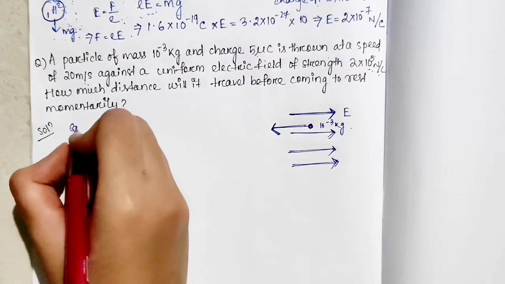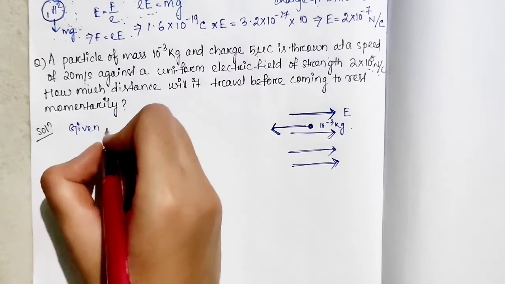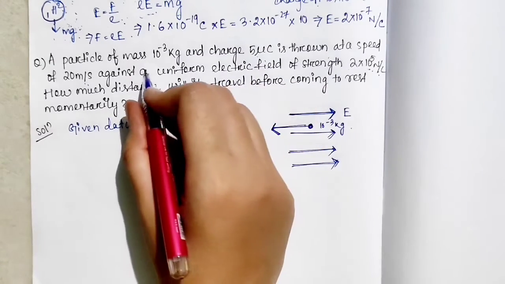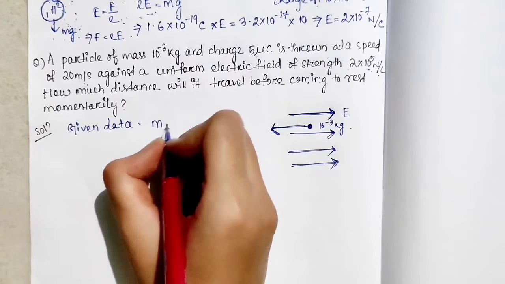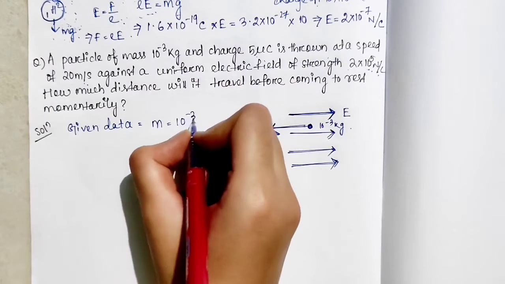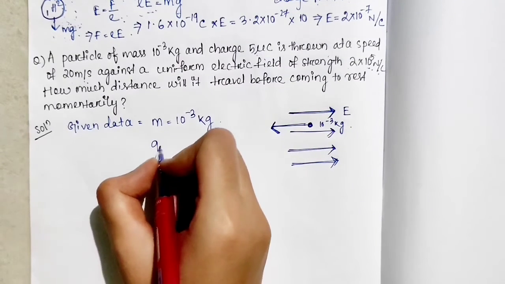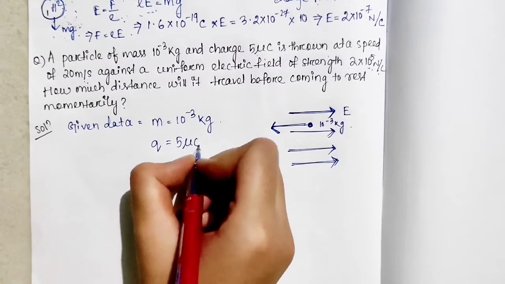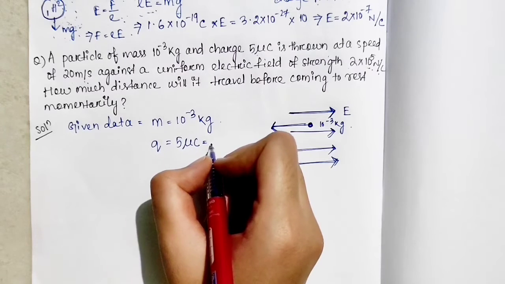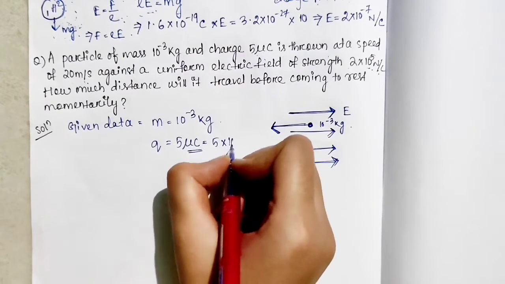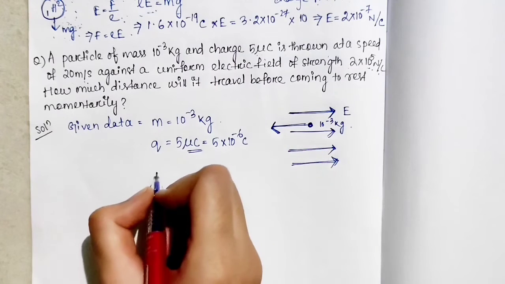So let's write the given data here. The particle's mass, that is M, is equal to 10 to the power minus 3 kg. The charge of the particle, that is Q, is equal to 5 microcoulomb. Here we have to convert the microcoulomb into coulomb, so 5 into 10 to the power minus 6 coulomb.